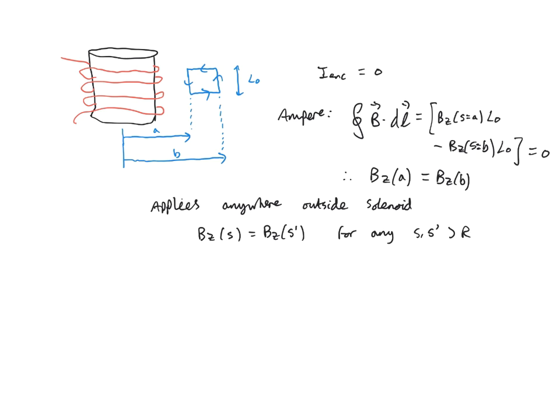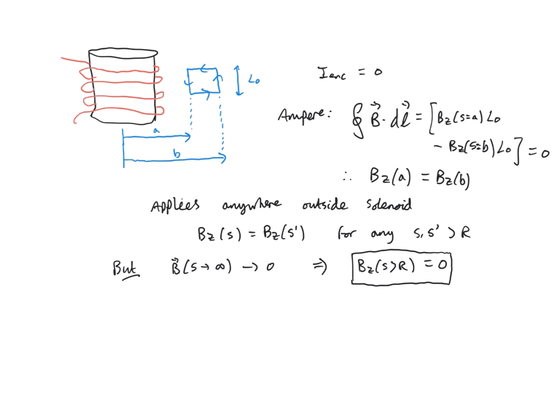The magnetic field will be 0 at infinitely far away. So if we send the radius off to infinity, the magnetic field must go to 0. And if the magnetic field is 0 out at infinity, it must be 0 everywhere outside. So we have the important and somewhat counterintuitive result that the magnetic field is actually 0, strictly 0, when we're outside of the solenoid.